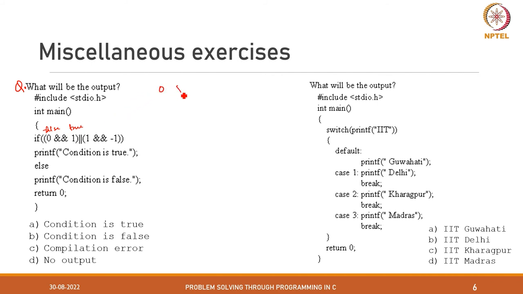So this entire thing will be false. Okay, fine, let's see the other condition first, and then we have 1 and minus 1. Both of these are true, because like I said, 0 represents a false, but any positive or negative quantity represents a true.